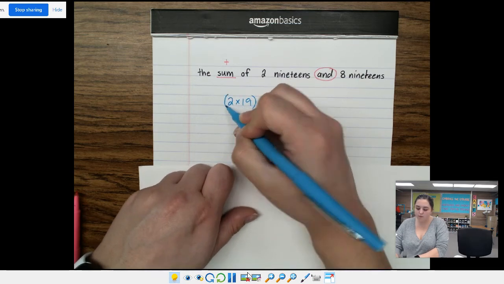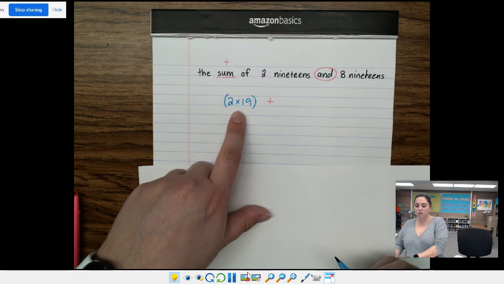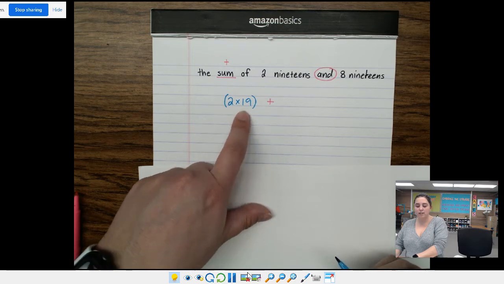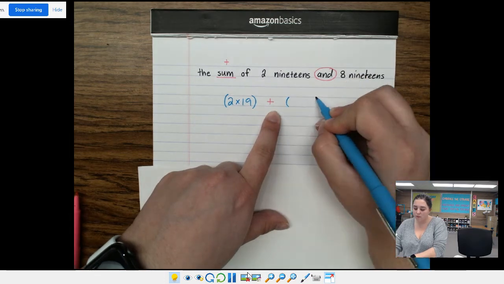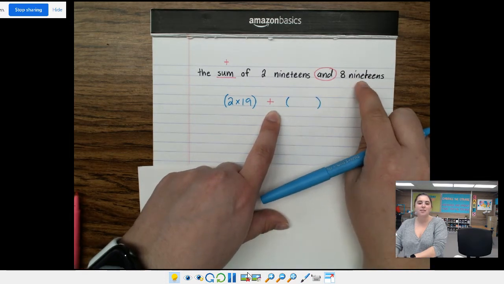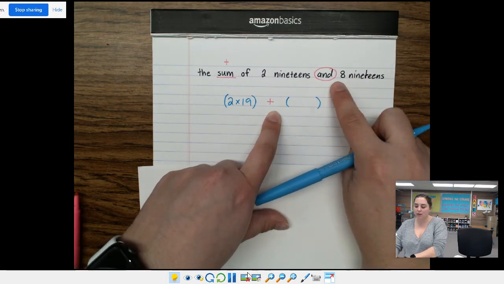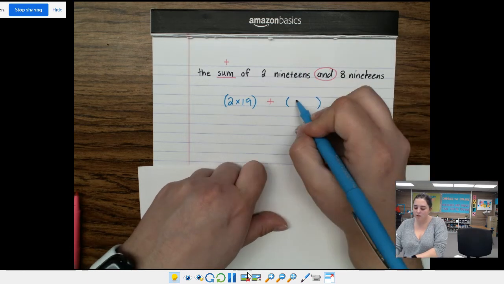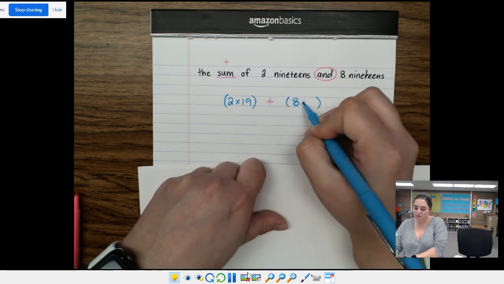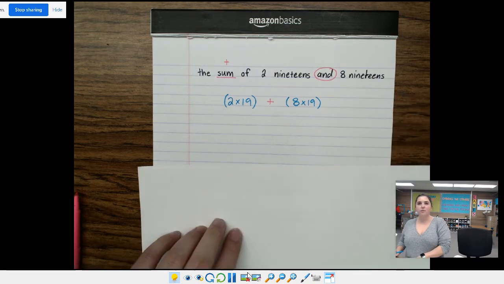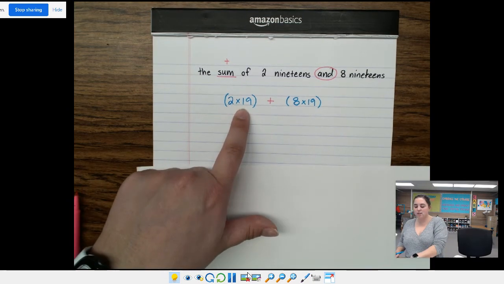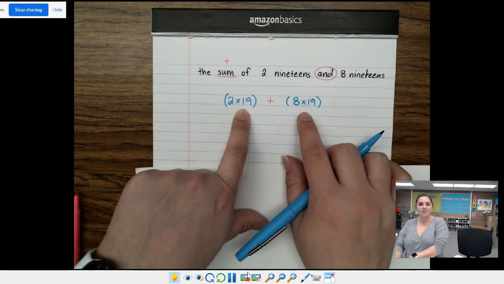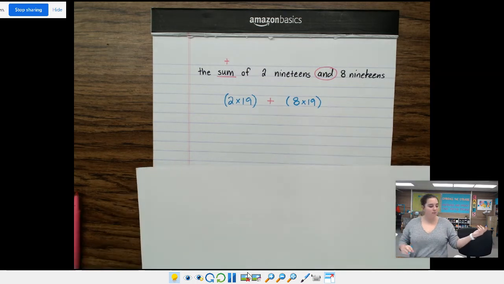Make sure it's in parentheses. Do this first, figure out what 2/19 is, and then add it to, how would you write 8/19? There we go. The sum of 2/19 and 8/19. That wasn't too bad, was it?